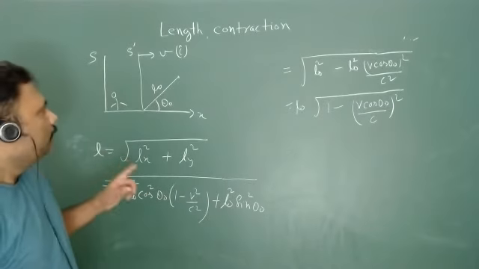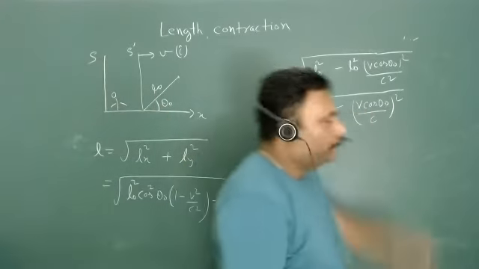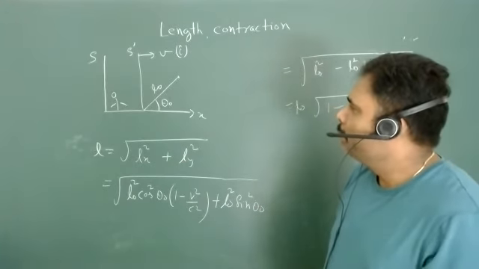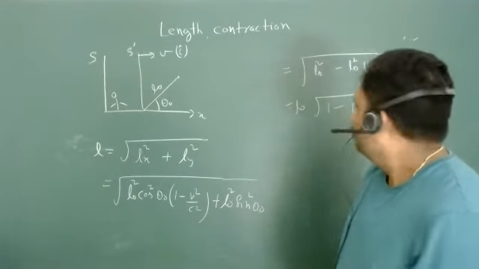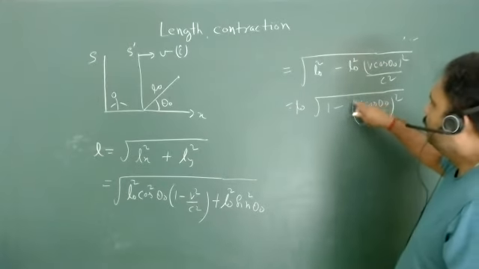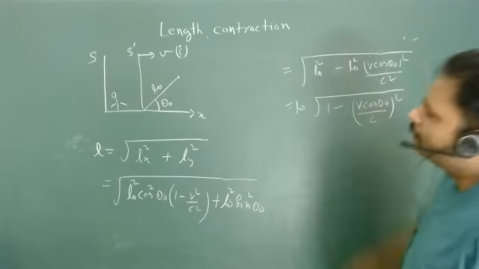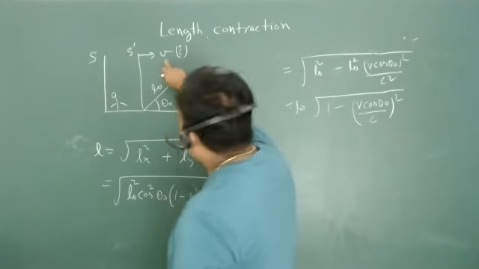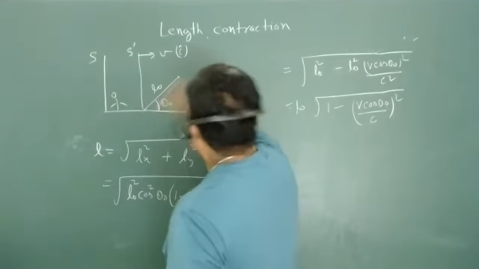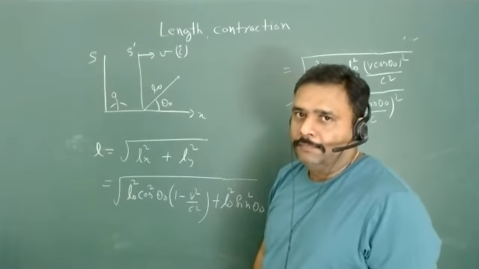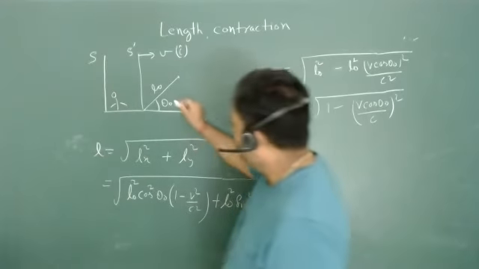Now can you see what v cos theta naught is? This is the velocity in the x direction. If I explore this equation in a very different way, v cos theta naught is nothing but the component of velocity along the direction of the rod, isn't it? Look carefully.